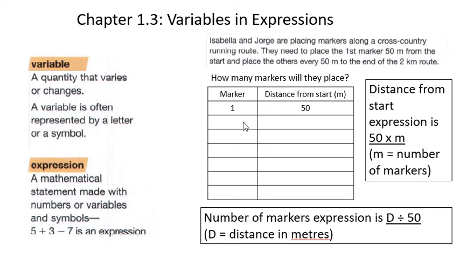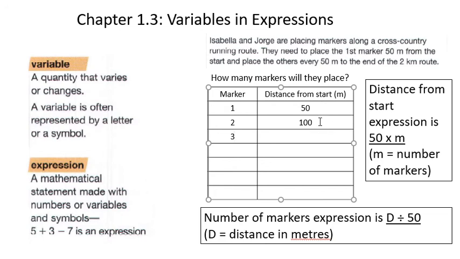So we can start to do this with a recursive if we so desired. So if we wanted to, we could say the second marker would go at 100 meters. So in this column, I have my marker flag, and in this column, I'm labeling my distance from the start. We could notice using a recursive that marker is going up by 1, 2, 3, going up by ones, and distance from the start is increasing by 50 every time.